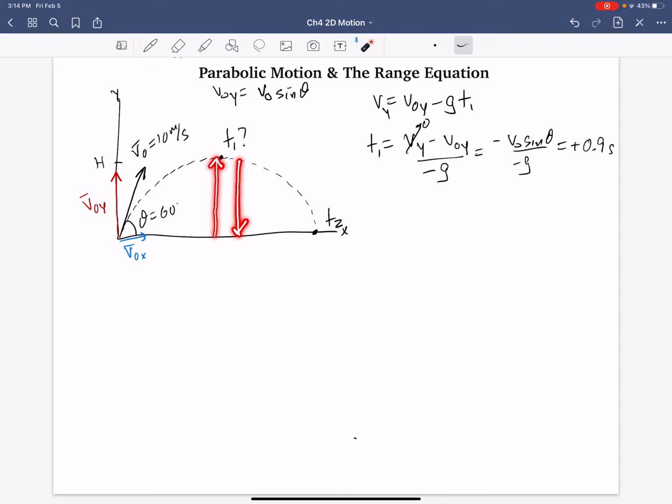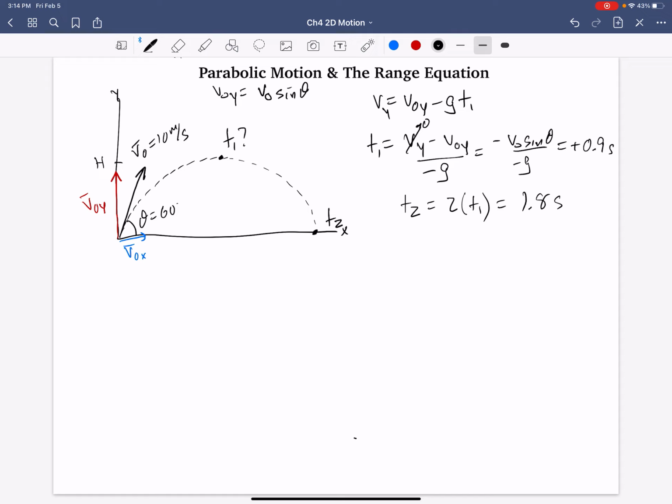Thus, the gravitational force has the same amount of time to act on the object changing its vertical speed. And so the time will be the same to go up as to come back down. And so t2 is simply twice t1.